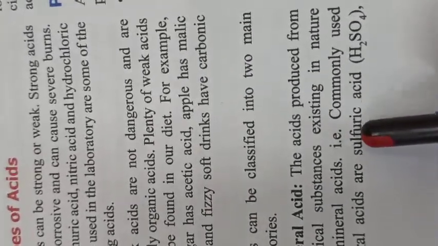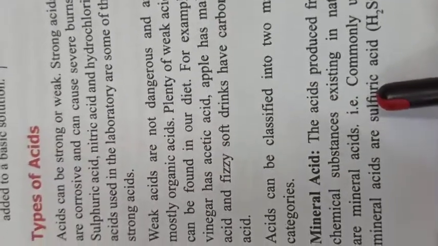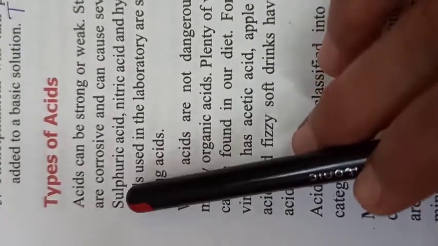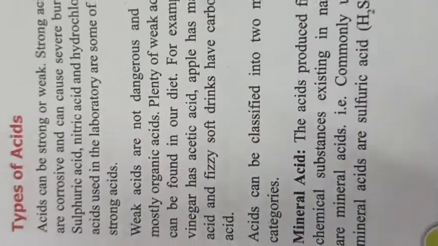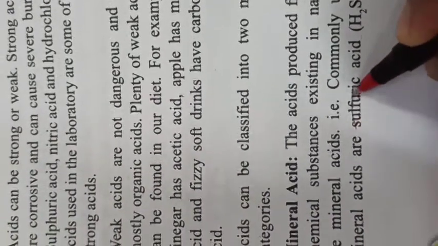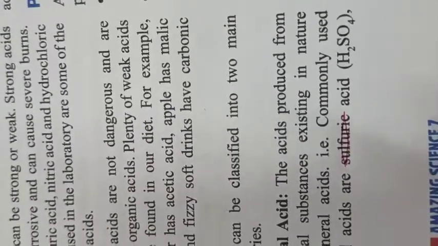Children, here the spelling is written wrong. The right spelling of sulfuric acid is given in this paragraph: S-U-L-P-H-U-R-I-C, sulfuric acid. So this spelling you just strike out, because it is wrong.